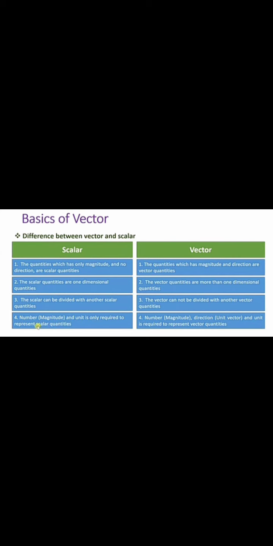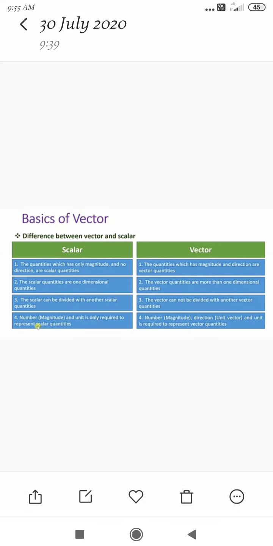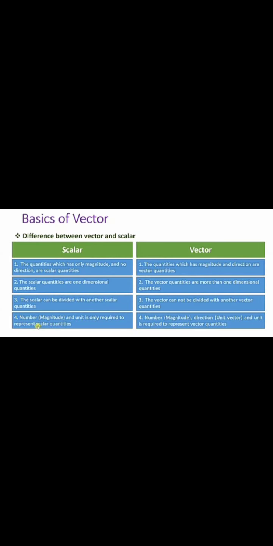That is the total vector concept. While comparing scalar quantities with vector quantities, you can easily understand the difference between them. Vectors are very useful for all the quantities of the electric field as well as the magnetic field.